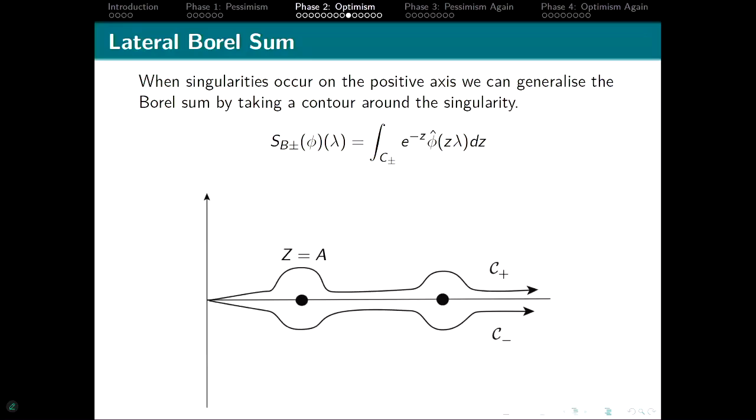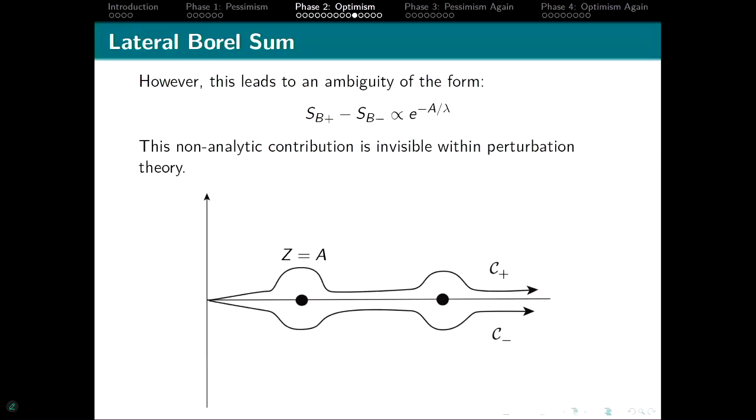And these kinds of ambiguities are related, again, to this intrinsically non-perturbative part of your observable. So if you have singularities on the positive axis, your series is not Borel summable in the usual sense. You can then try and take a contour around it, but you're going to get this non-perturbative ambiguity in your definition of the Borel sum.